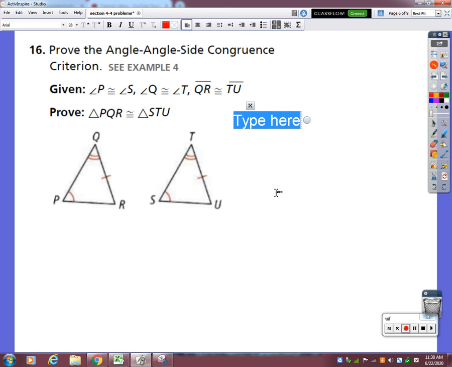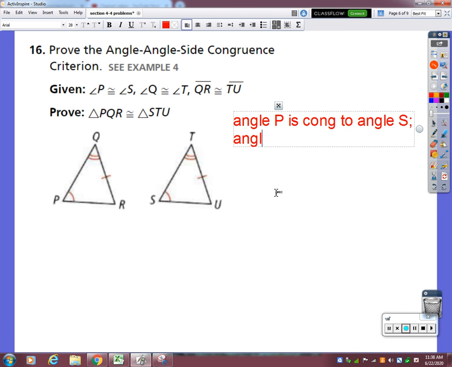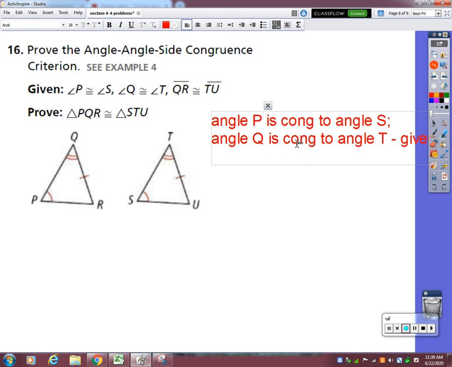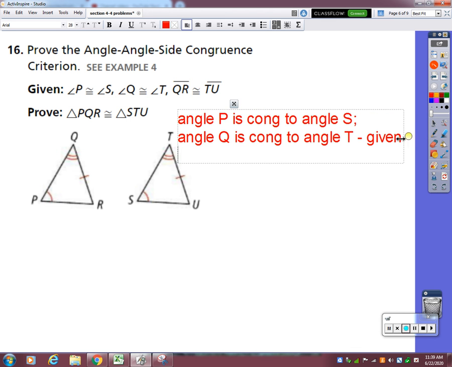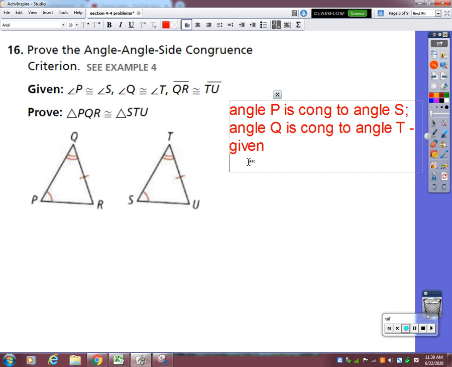Okay, so we know that angle P is congruent to angle S. Likewise, we know angle Q is congruent to angle T, and that is given. I just threw those two angles in there together. I probably could have thrown the sides in there also, but I'm not going to do that now.